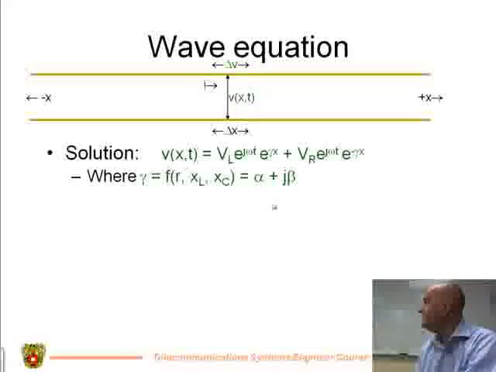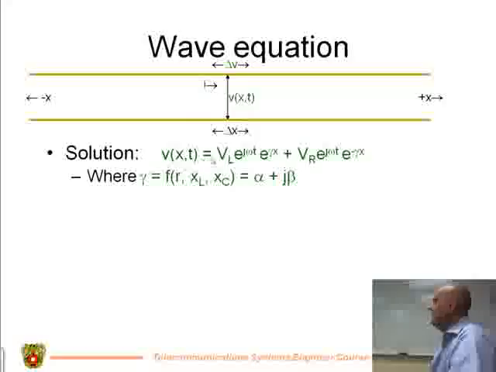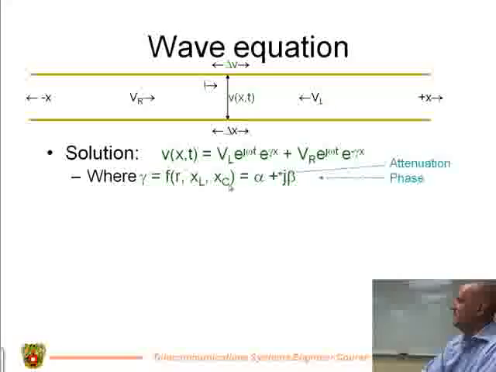And we get v equals VL e to the j omega t e to the gamma x plus VR e to the j omega t e to the minus gamma x, where VL is the leftward traveling wave, VR is the rightward traveling wave, and gamma here is alpha plus j beta, and it's a function of R, L, G, and C. Doesn't this sound good? No. Alpha gives you the attenuation. J beta. Fair enough.